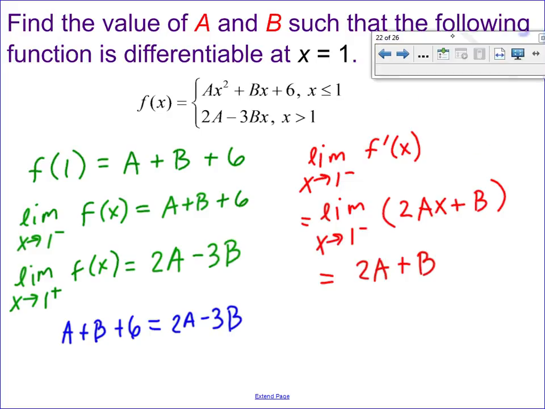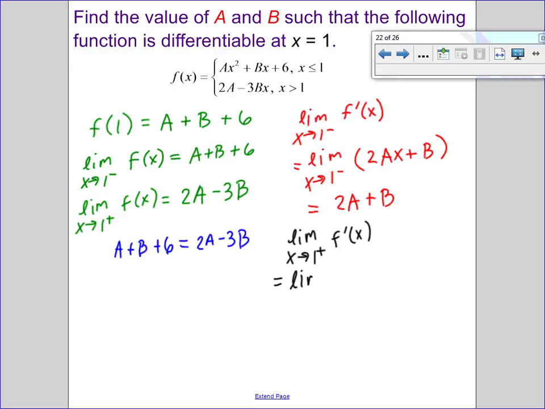Now we need our right-hand slope. That is the limit as x approaches 1 from the right of f prime of x equals, the limit as x approaches 1 from the right of the bottom definition. The derivative of 2a minus 3bx is, what are you guys getting?